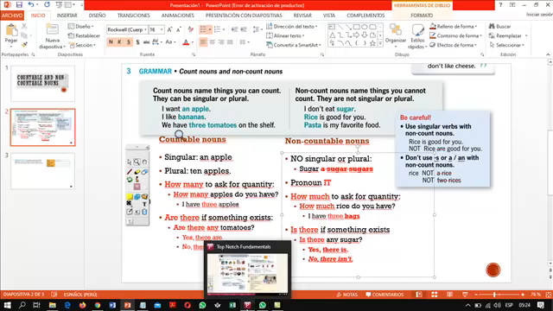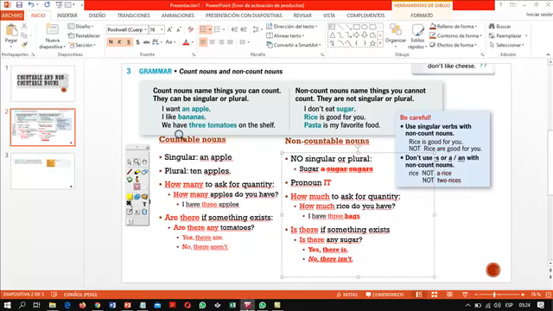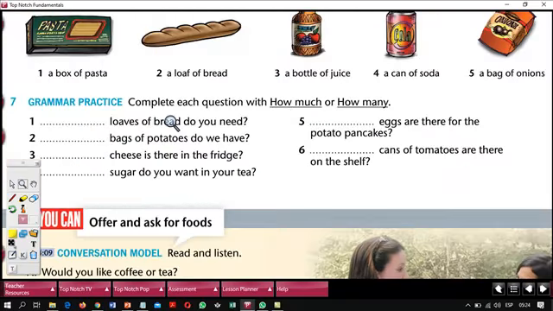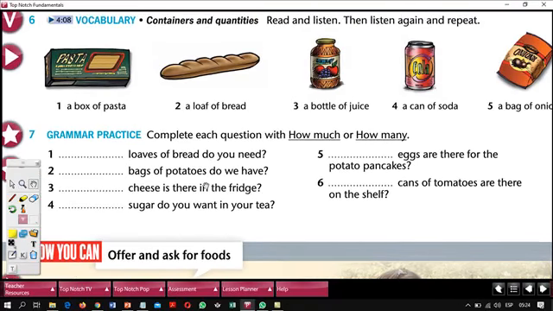Now, in your books, please, you have grammar practice on page 83, exercise 7, right? So you have to complete with how much or how many. Look carefully at the quantifiers or at the amount that you will see there.